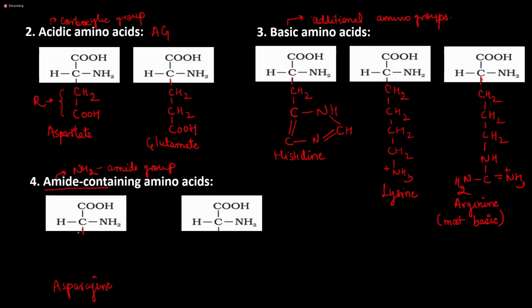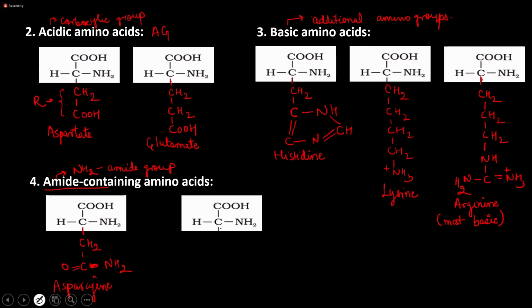Now, how will you draw the structure of asparagine? First, draw the structure of aspartate, that is CH2CO. Now, instead of OH, you have an amide group attached to it, and it will become asparagine, right?